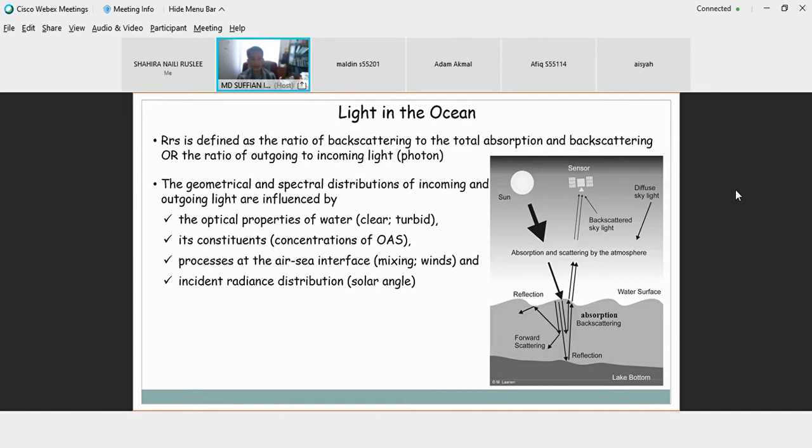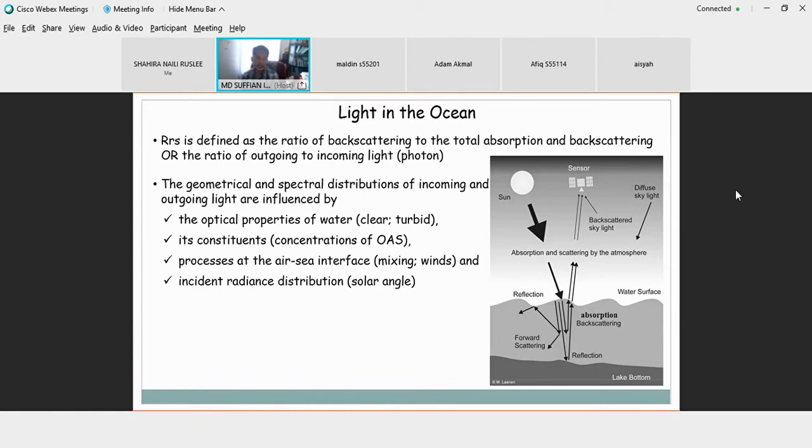Especially near coastal areas, there is very high dissolved organic matter and very high suspended particulate matter. So the reflectance, especially in the blue, is very low in the coastal area, but high in clear water. Because of what?